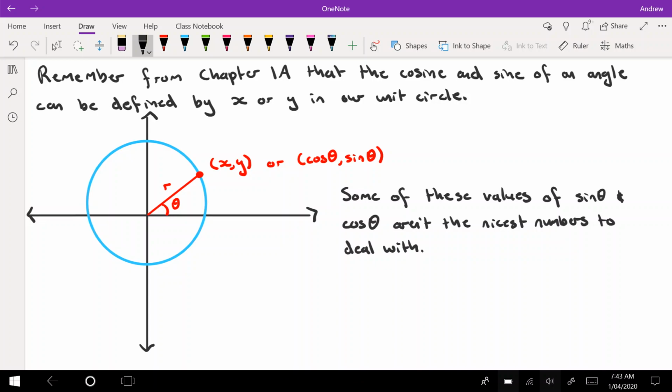But some of them, however, have exact numerical values. So we have some of our angles, some of our values of theta, that will have exact values.